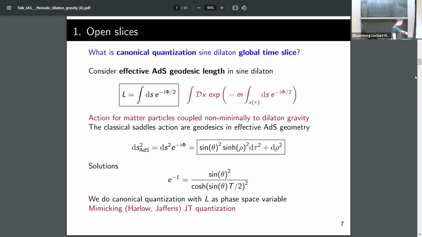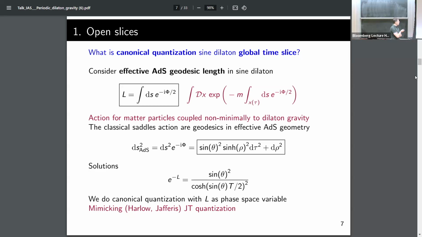Okay, let's start with the open slices. So the question is, what is a canonical quantization of sine dilaton gravity on a global time slice? This is the part of the talk that's a review of the paper that we had in April. Talked about in several places, so maybe you know about this already.